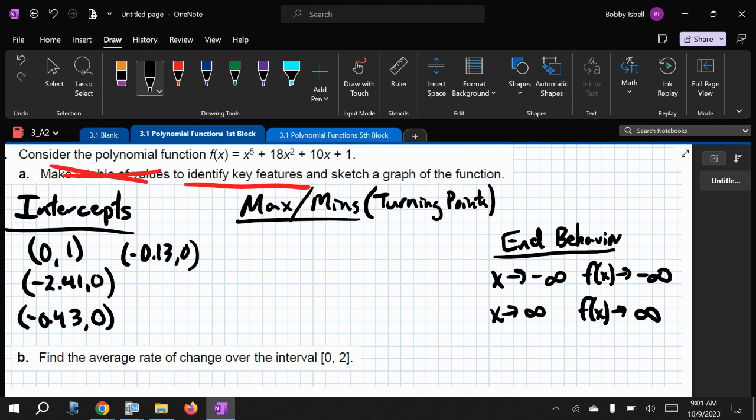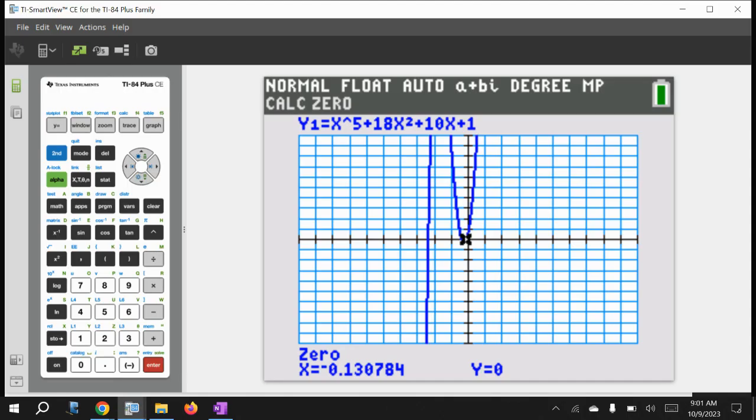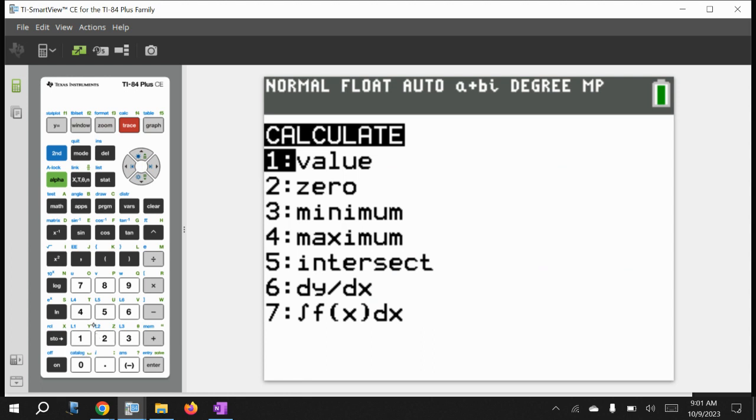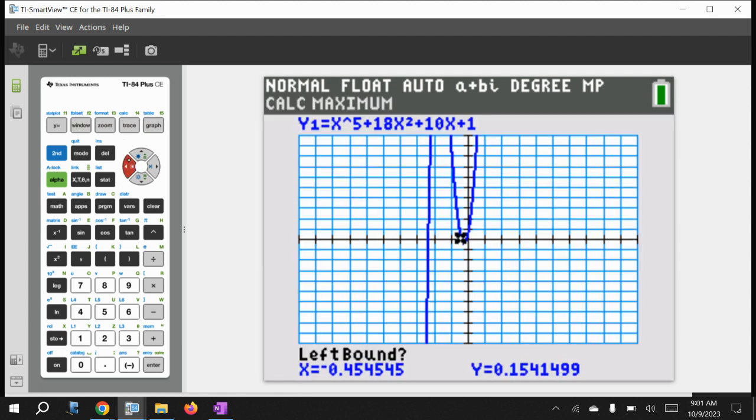Next thing I want to focus on is the turning points. When I'm looking at that graph, what do I know is happening up here off screen? Yeah, it's got a peak to it, right? So we've got a maximum up there. Let's use the calculator to find the maximum on this left side. Second trace, maximum is option 4. I'm going to move to the left. There I am to the left.